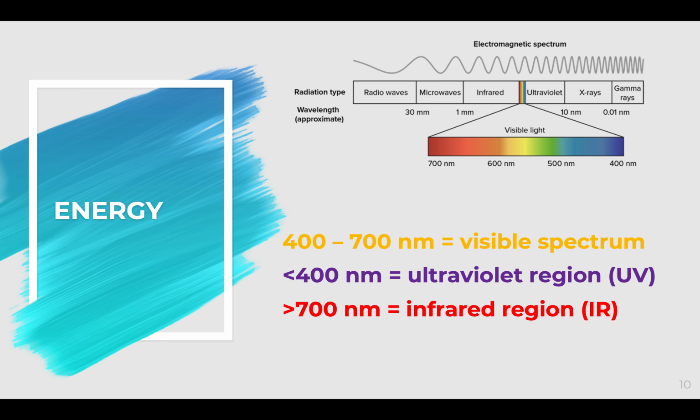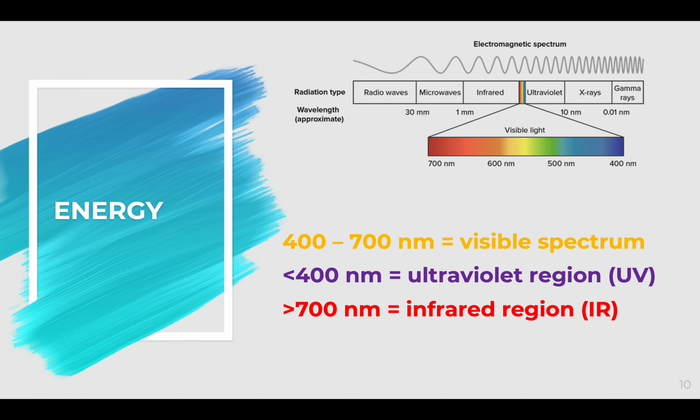What I have in front of you is the electromagnetic spectrum, or the light spectrum. What we usually see is your visible spectrum, okay? The usual wavelength of your visible spectrum is from 400 to 700 nanometers. So remember that, okay?